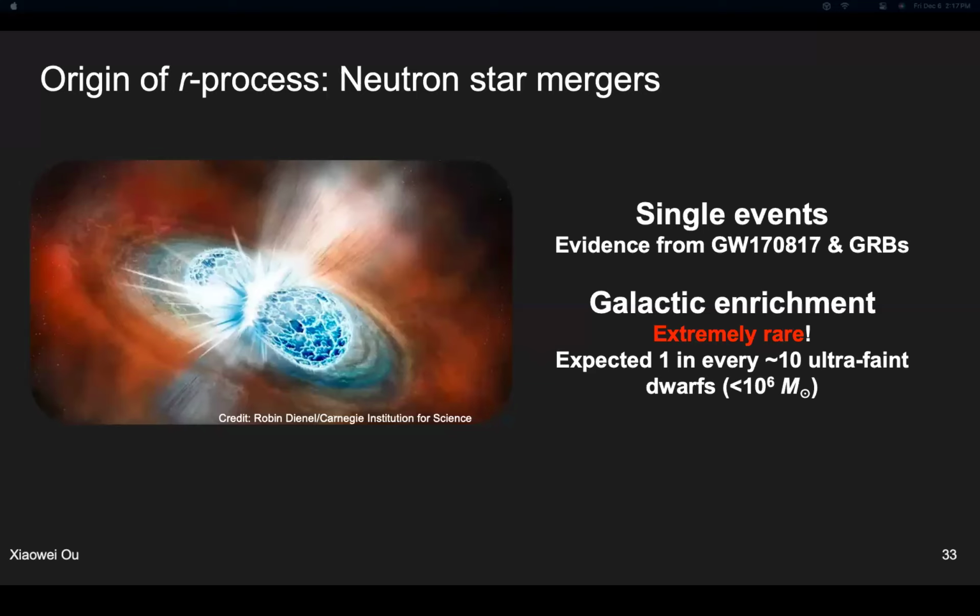Now, in the context of galactic enrichment, that means for galaxies with stellar mass below 10^5 or 10^6 solar masses, they're expected to have fewer than one neutron star merger on average throughout their entire star formation history. That has some really interesting implications on how this europium evolution will manifest in a lot of these systems.